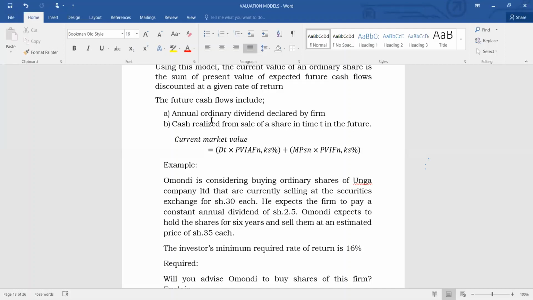So going by the fundamental principle, the current value of a security is the sum of the present value of the expected future cash flows from that security, discounted at the given rate of return. Which are these future cash flows? These are the ones which I've already talked about here. Now you can see the formula here, saying current value.